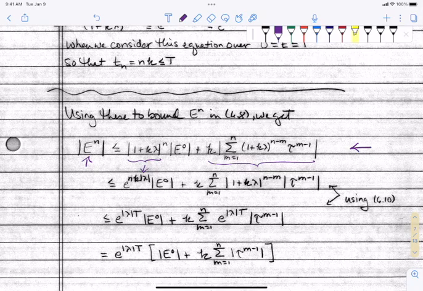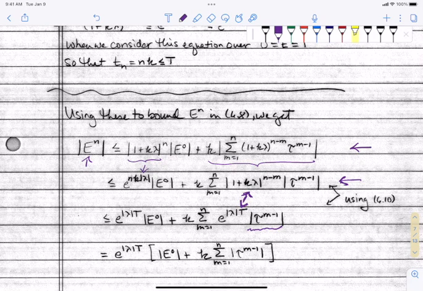I can use triangle inequality over and over, so that the absolute value of that sum is less than or equal to the sum of the absolute values of the things inside the sum. And I apply it again in the sense that now the absolute value of the product is the product of the absolute values. We have this thing right here, and we're going to replace it with e to the absolute value of lambda times capital T, multiplied by the truncation error.